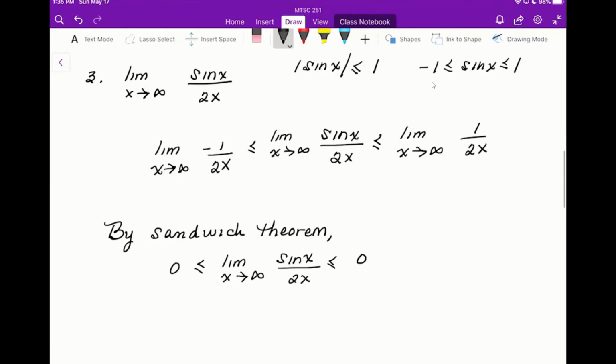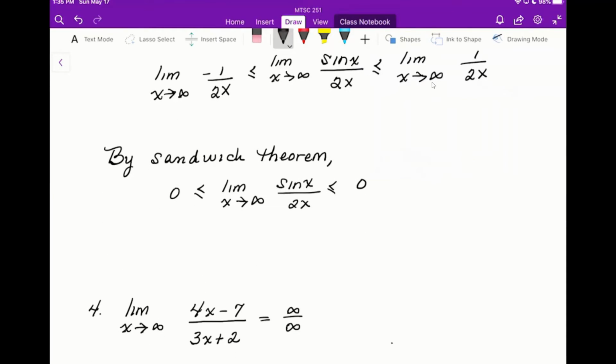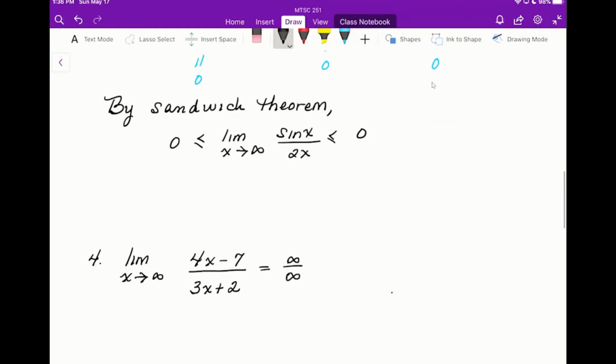So therefore, by the sandwich theorem, if this limit is 0, and this limit is 0, then the thing inside also gets squashed by the sandwich theorem, and it becomes 0. So our answer is the limit as x approaches infinity of the sine of x over 2x is 0.